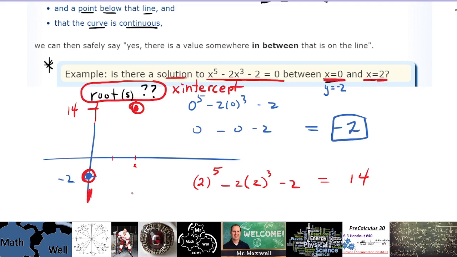Well, it's a continuous function. So no matter what it does, even if it goes up and down and sideways, there has to be at least one root. So by the intermediate value theorem, there must be a solution between 0 and 2. We don't know what it is right now, but we know there must be a solution.